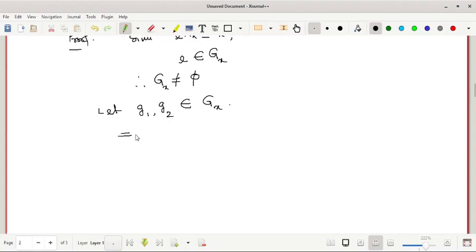This implies g1 dot x is equal to x and g2 dot x is equal to x. Right? Fine.